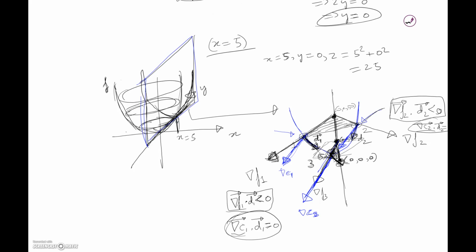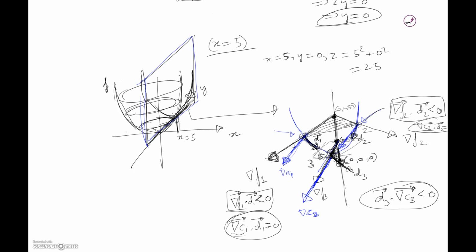you are no longer perpendicular to del c. And in fact, the dot product with del c is less than 0. So if we call this direction that's going from this point 3 towards the origin d3, then d3 dot del c3 is actually less than 0 and not equal to 0.